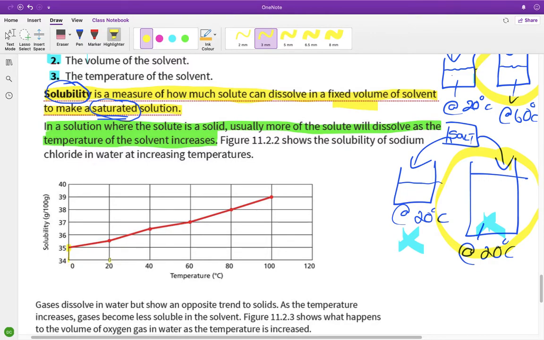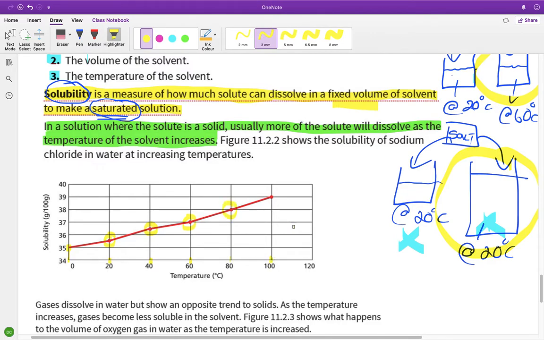Bring the water to 20 degrees and now you're talking about 35.5 grams will dissolve. Bring it up to 40 degrees and you're talking about 36.5 grams. Bring it up to 60 and now you're up to 37 grams. Up to 80 and you'll get 38 grams.